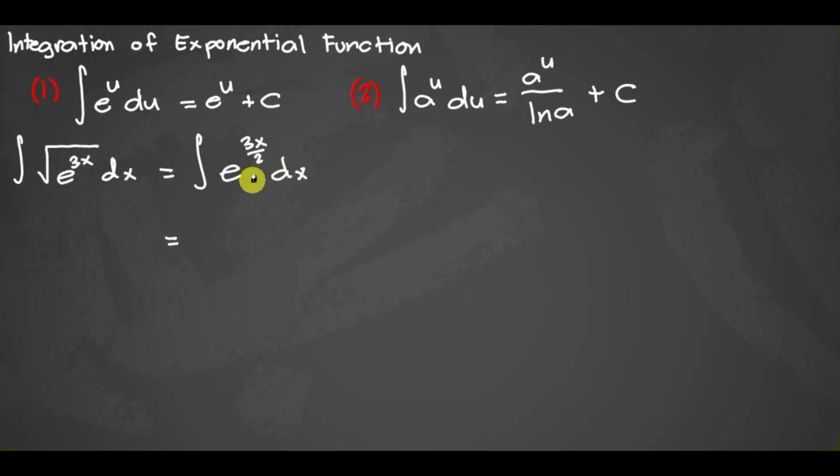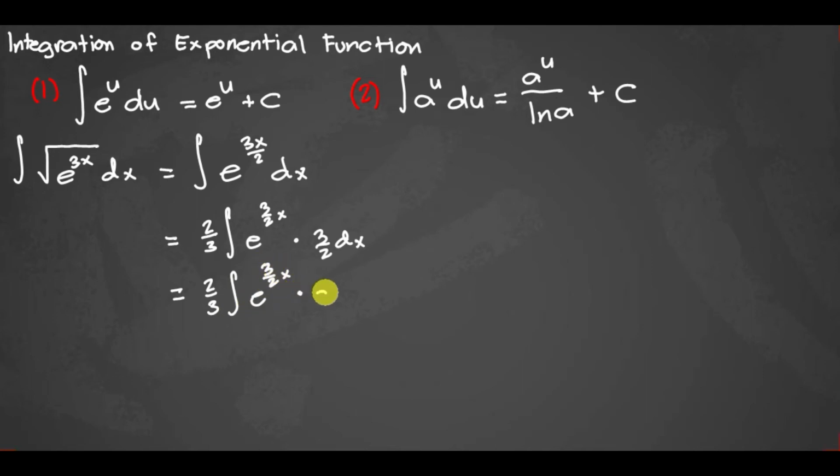Now we can say that by applying the derivative of 3/2 x, this will become the integral of e raised to 3/2 x multiplied by the derivative of 3/2 x, which is 3/2 dx. Applying the neutralizing factor to eliminate this 3/2, we'll have 2 over 3 and rewrite our equation into 2/3 the integral of e raised to 3/2 x and the derivative of our 3/2 x.